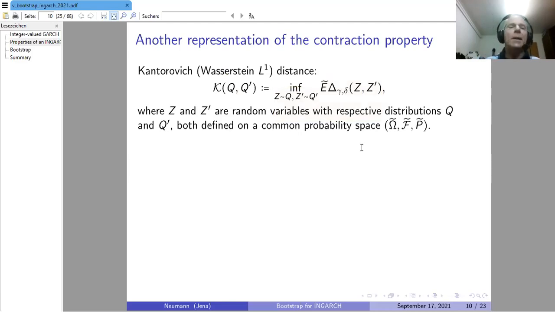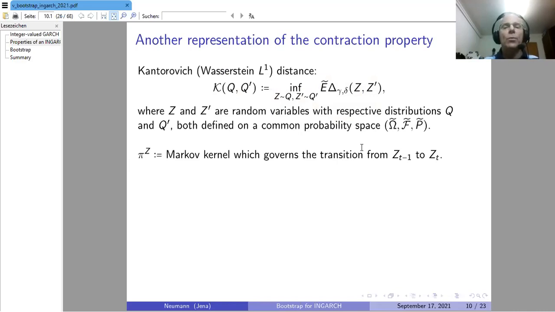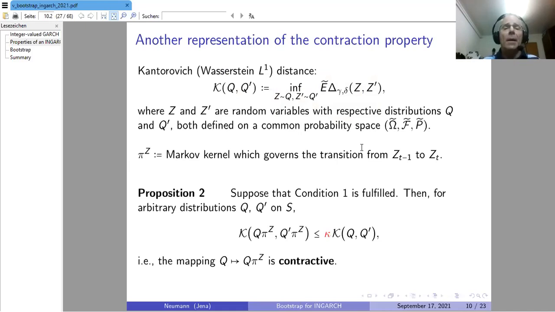Okay, we take this distance between distributions. Once again, a reminder, PZ is a Markov kernel of the Z process. And here, this is our contraction result on the level of distributions. Again, we assume that our condition 1, this was the contraction condition for the intensity function, is fulfilled.